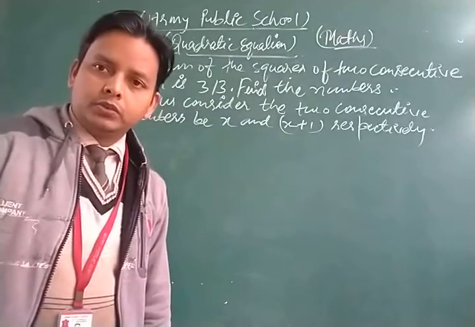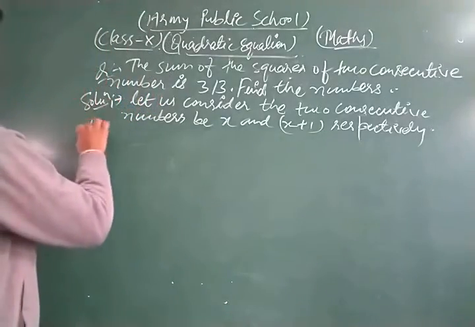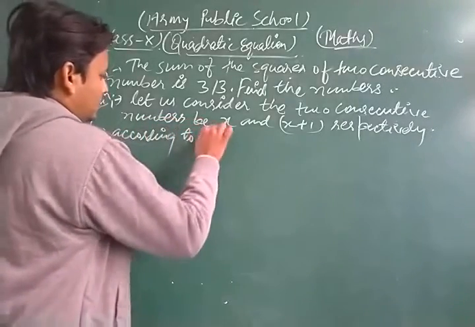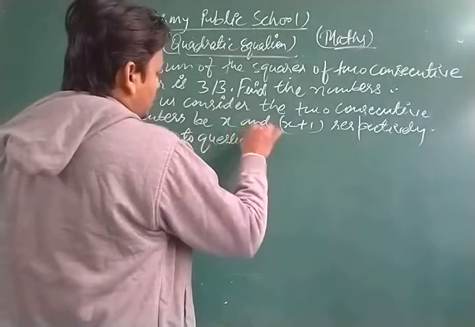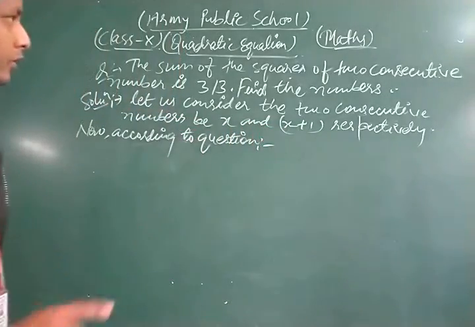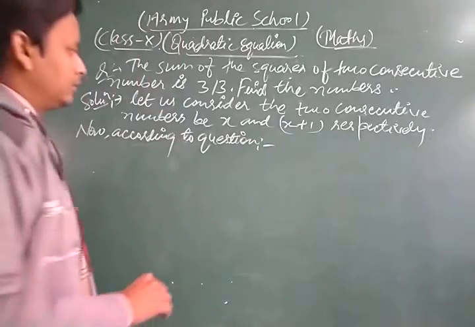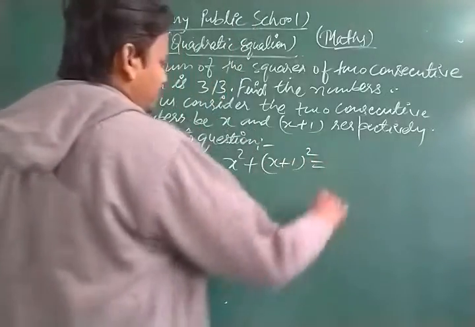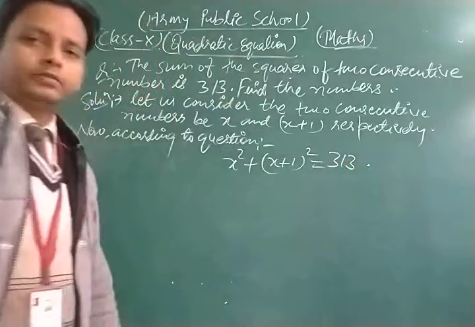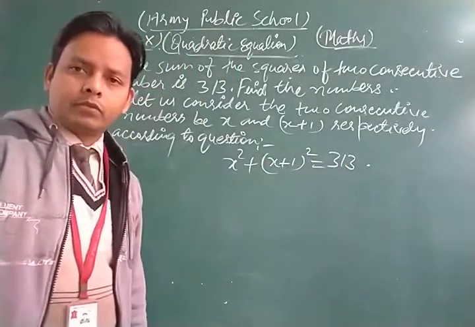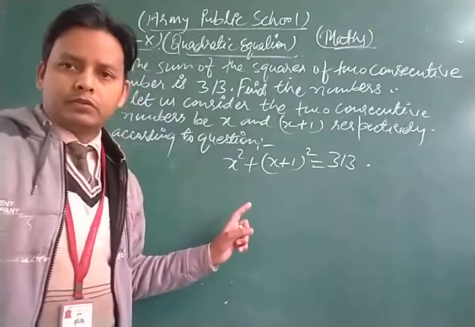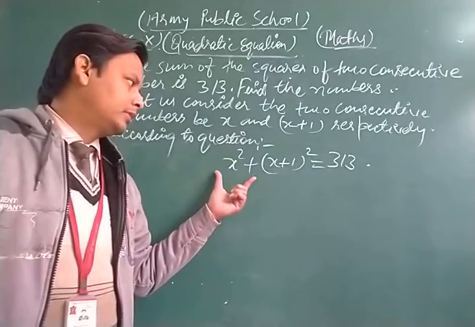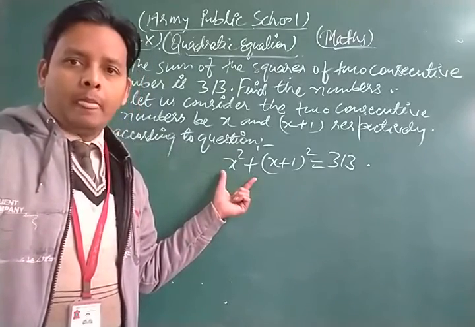Now according to the question, the sum of the squares of two consecutive numbers is 313, which means x square plus (x plus 1) whole square is equal to 313.